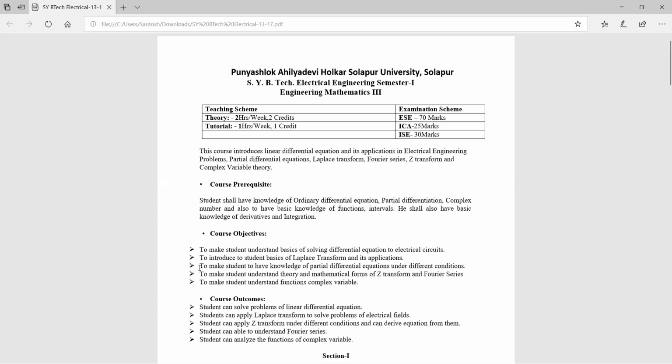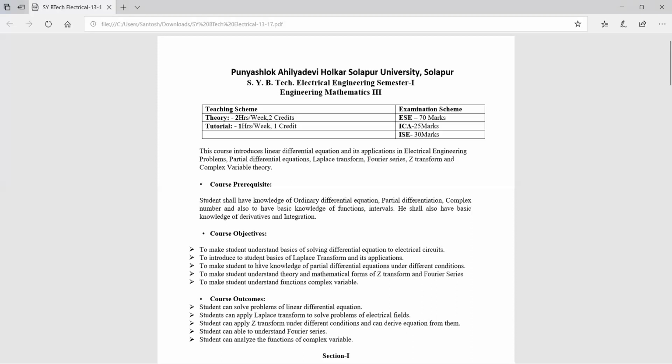Third objective, to make students have knowledge of partial differential equations under different conditions. Fourth objective of this course, to make students understand the theory and mathematical form of Z transform and Fourier series.